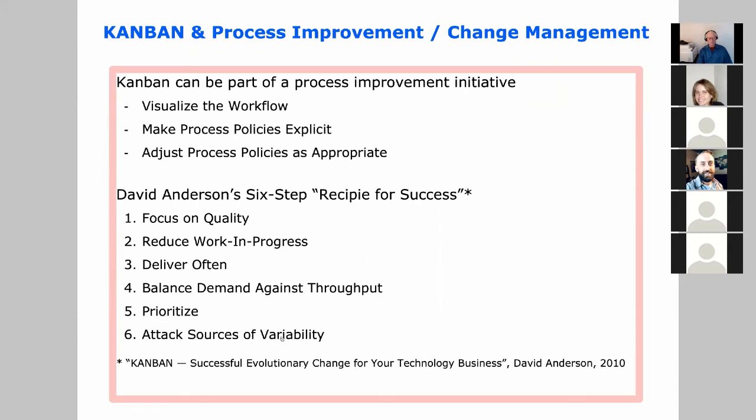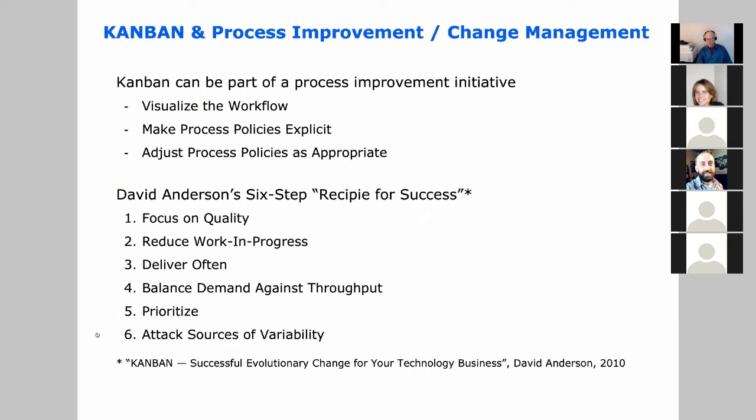And then attacking sources of variability, that comes over to quality. And in the quality knowledge area, we talked about the idea that some variation is common cause and some is special cause. And so the common cause variability we fix through painstaking process improvement, but the special cause variability, we need to identify it as such.